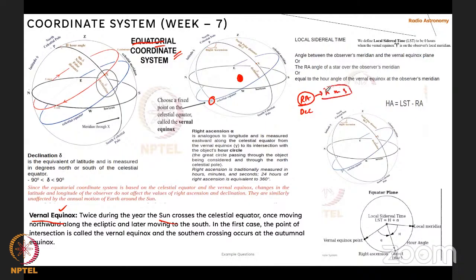Declination is the latitude in your coordinate system, and it is represented in degrees, minutes and seconds. So these are the units.